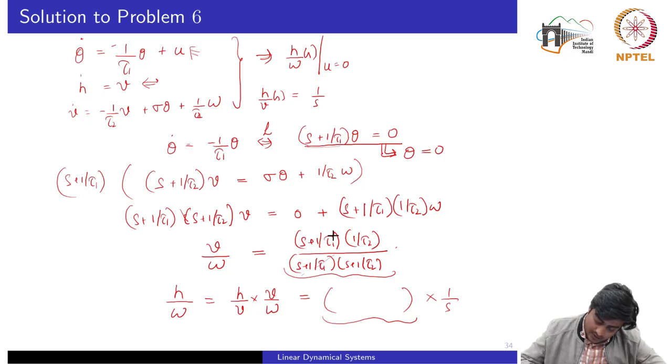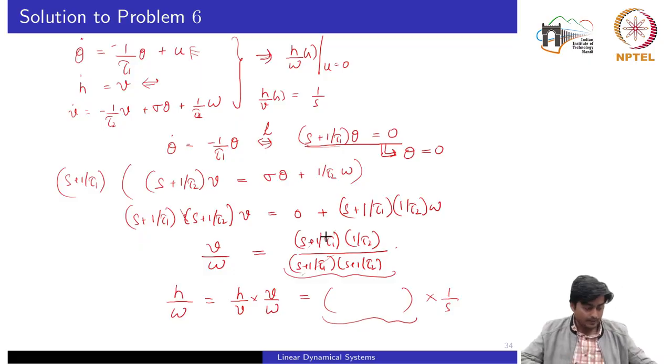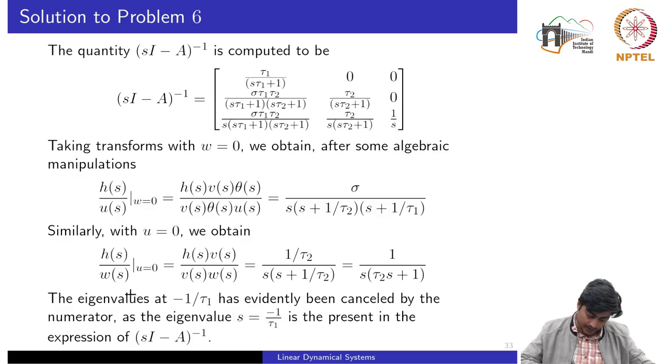Because this numerator and denominator part would cancel out each other. So if I see only the signal h and w, I won't be able to see this mode from the signals. Okay, so now it is pretty much clear that the system is controllable from u, but it is not controllable from w.